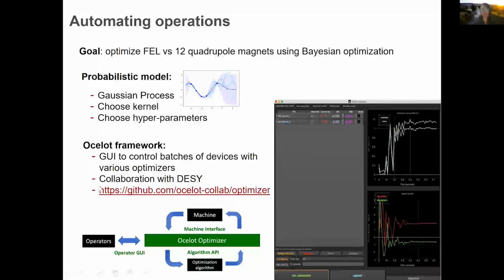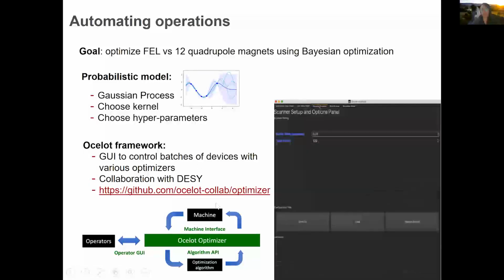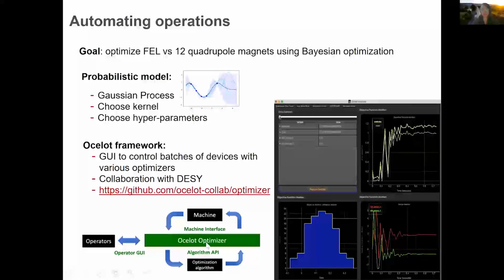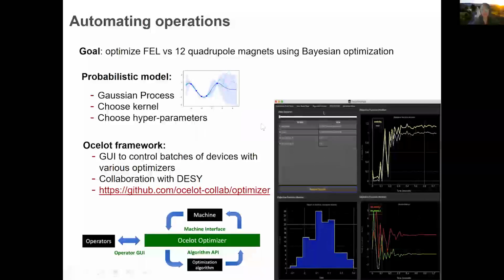It was developed in collaboration with Daisy, and here is the GitHub link where you can download and play with it. The optimizer connects the machine interface and the algorithm API, and this is how it looks.